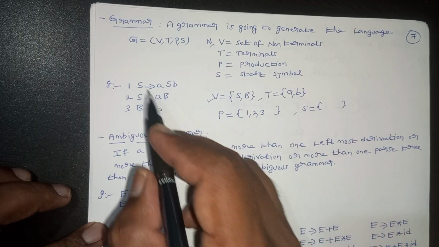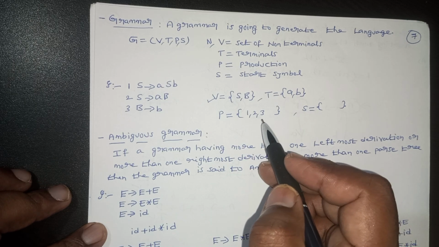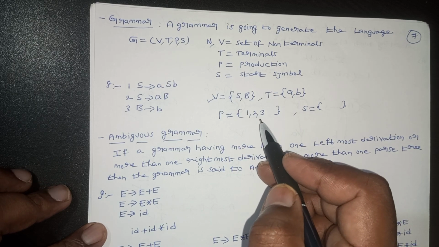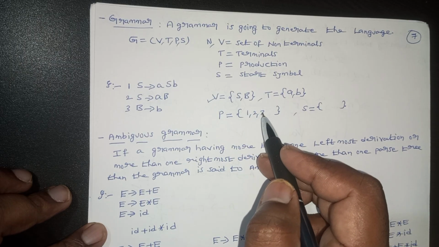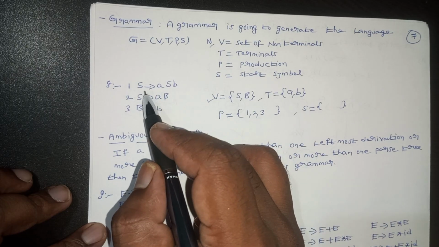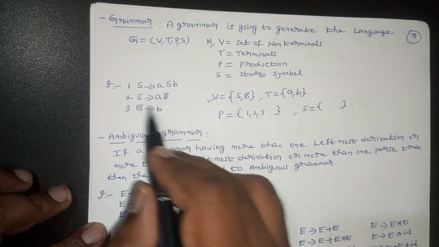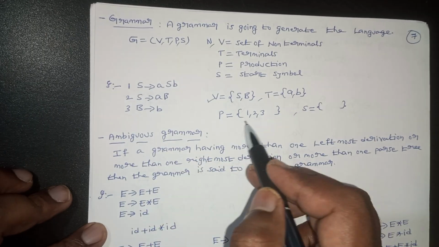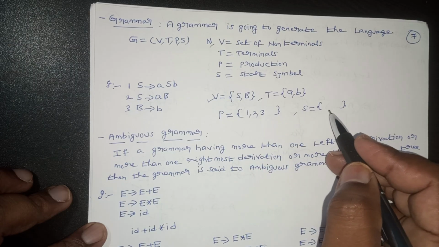Actually I have to write all three rules here, but due to the space I am writing only the numbering. You have to mention all the productions in P, nothing but the set of all the rules. So this is 1, this is 2, this is 3. That is called productions, a set of rules.